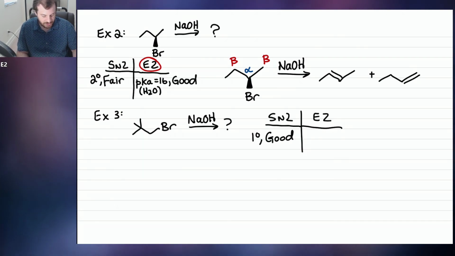And what about the E2? Well, you might be tempted to look at the conjugate acid, 16, good, but look at the beta carbon here. Are there any hydrogens attached directly to beta? No. There's just carbons attached to beta, so there's no beta hydrogen.